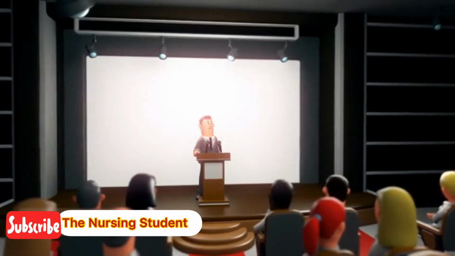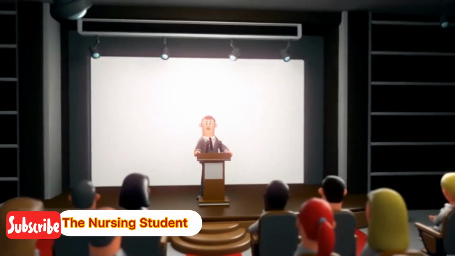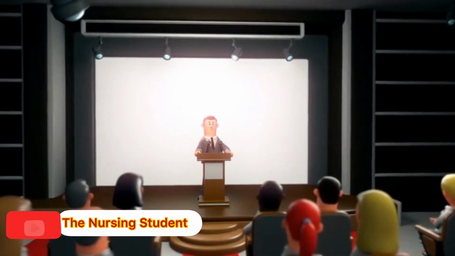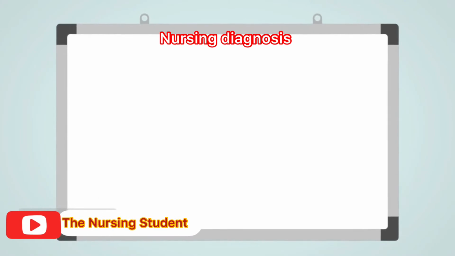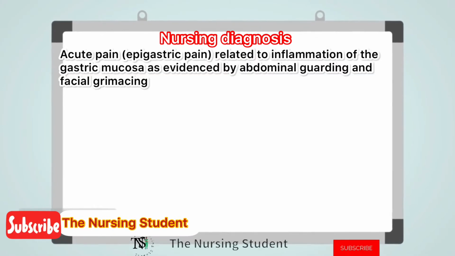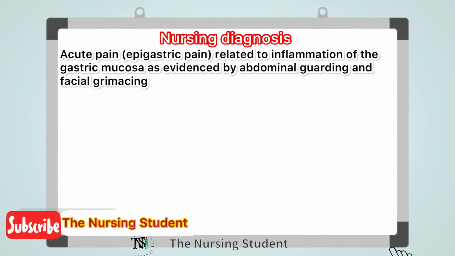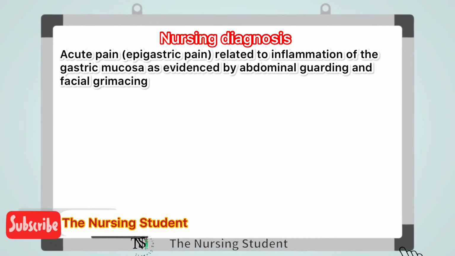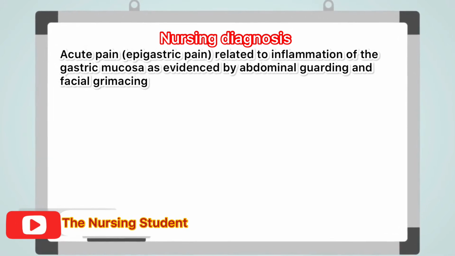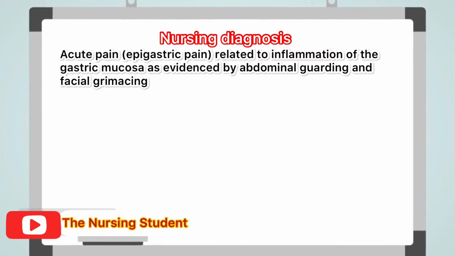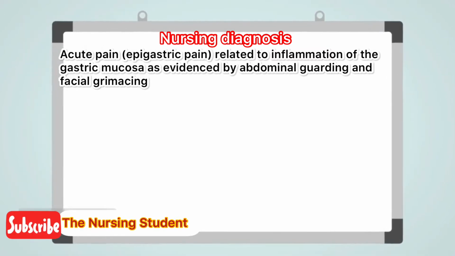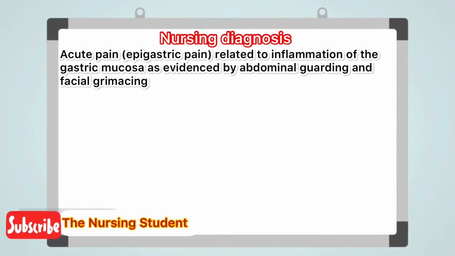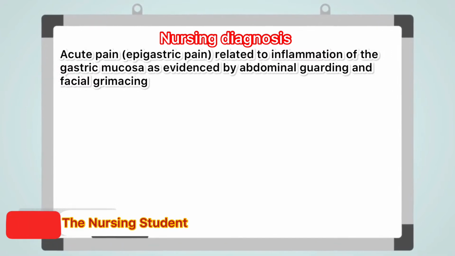So for example, for the problem of acute pain, we can have our nursing diagnosis being maybe acute pain, in brackets. Don't forget, in brackets, we use it to specify the location. So acute pain, in brackets, epigastric pain related to inflammation of the gastric mucosa as evidenced by abdominal guarding and facial grimacing.